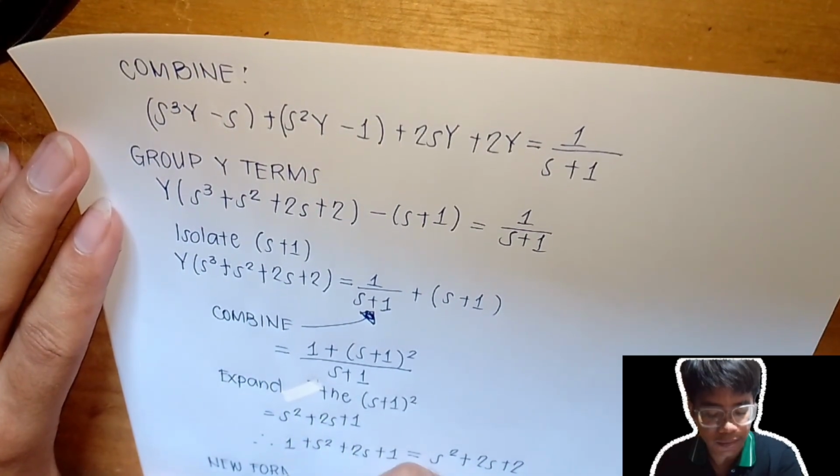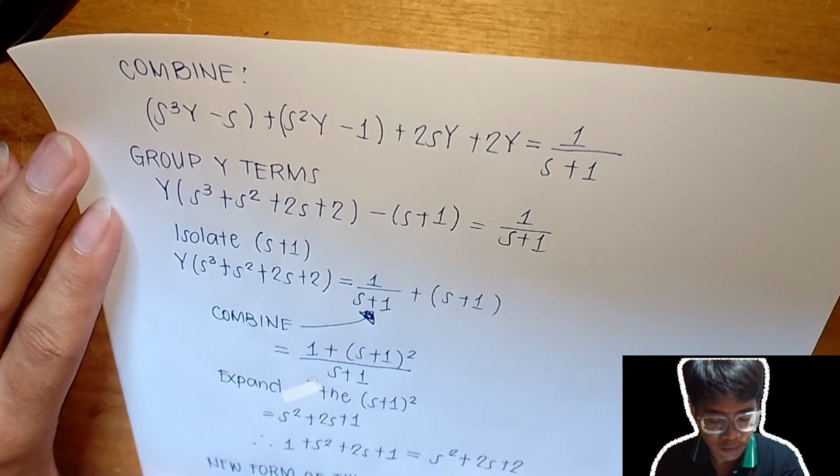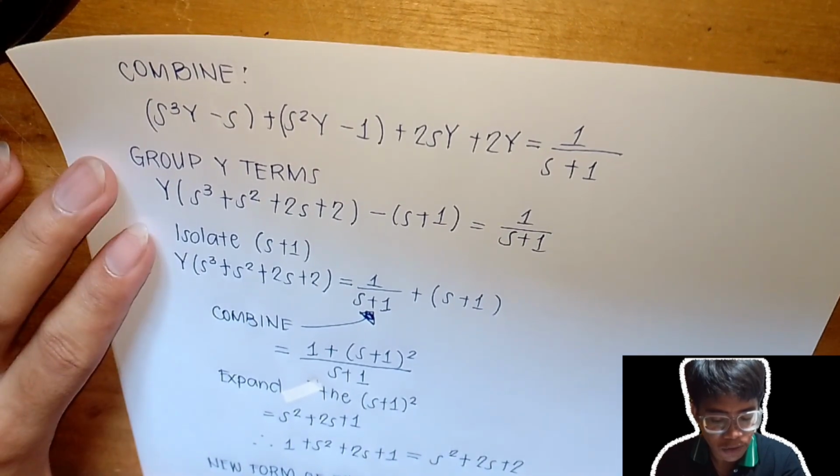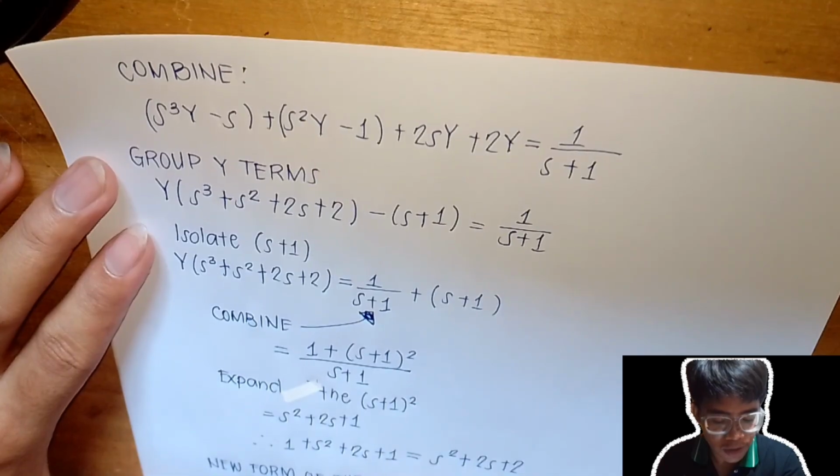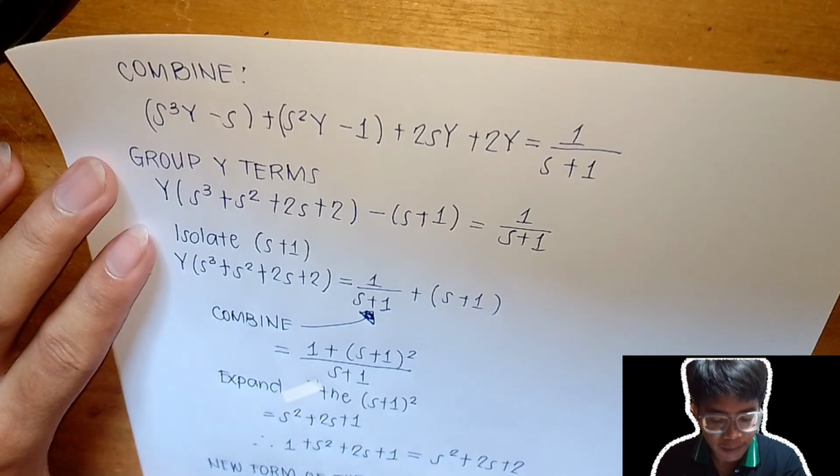The new form of the equation is Y is equal to s squared plus 2s plus 2 all over s plus 1 times s cubed plus s squared plus 2s plus 2.